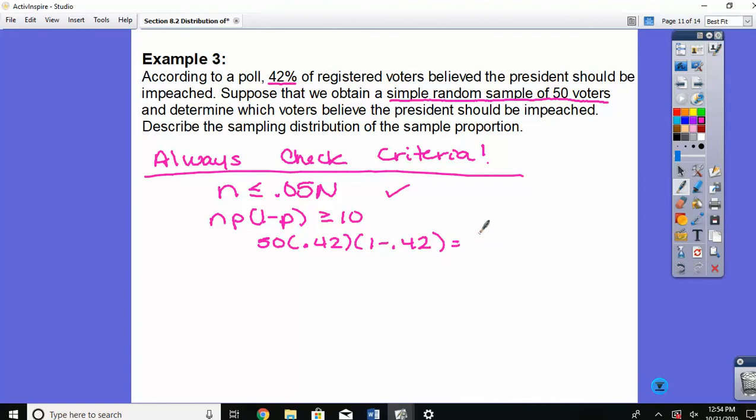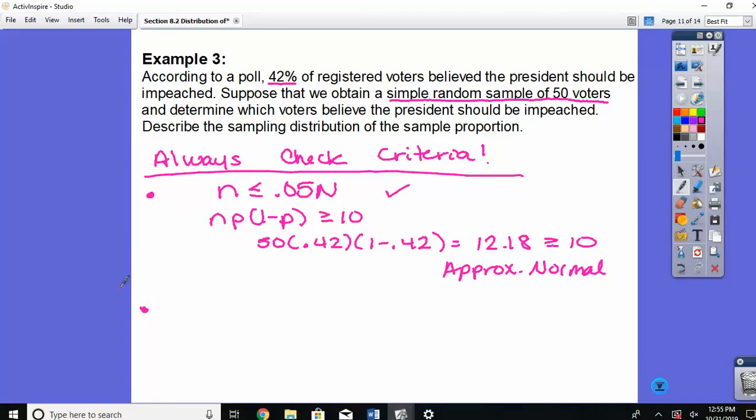Okay, so if I multiply those, n is 50, p is 0.42. And we get 12.18, which is greater than 10, so that means it is approximately normal. So those are your two criteria that you have to start. That's the first thing.